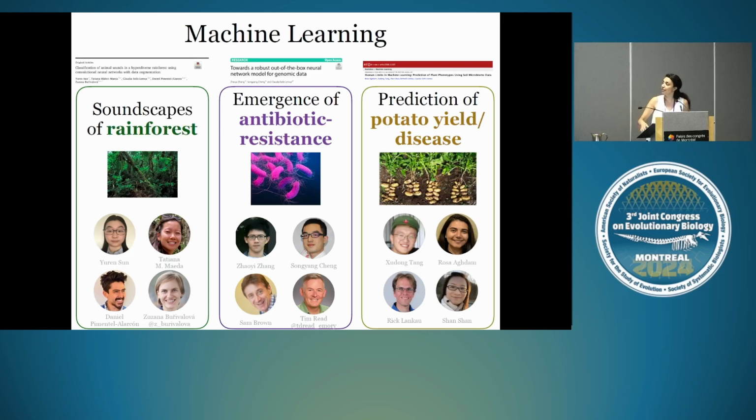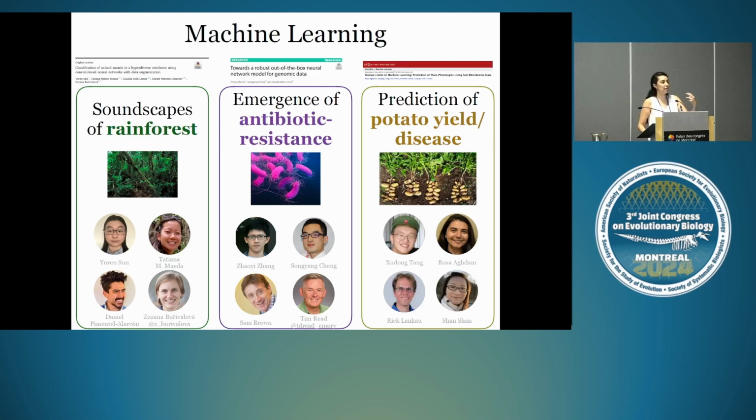The second project is on predicting antibiotic resistance from bacterial strains. The input in this project is genes, genomic sequences, a different type of input data, but again, we're trying to predict a binary class, resistant to antibiotic or not. Simple neural network. And the third project is predicting yield or disease susceptibility for potato crops.